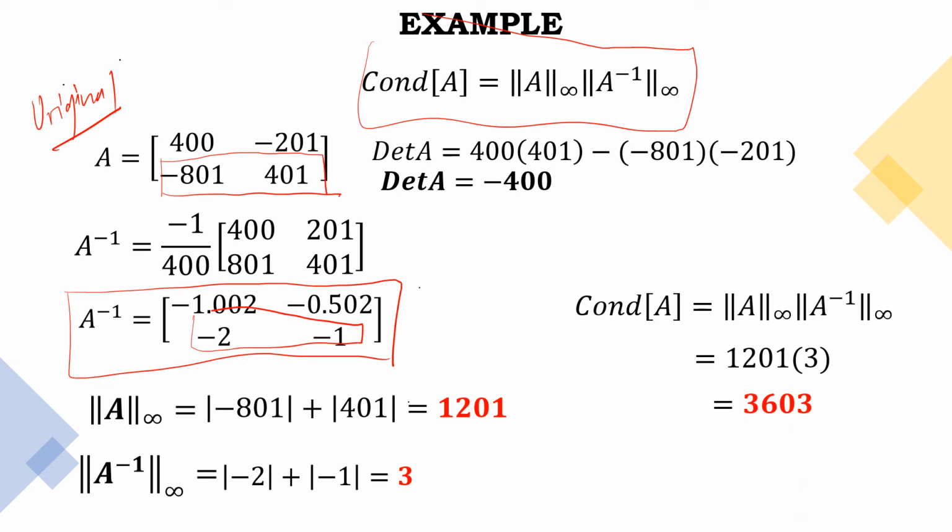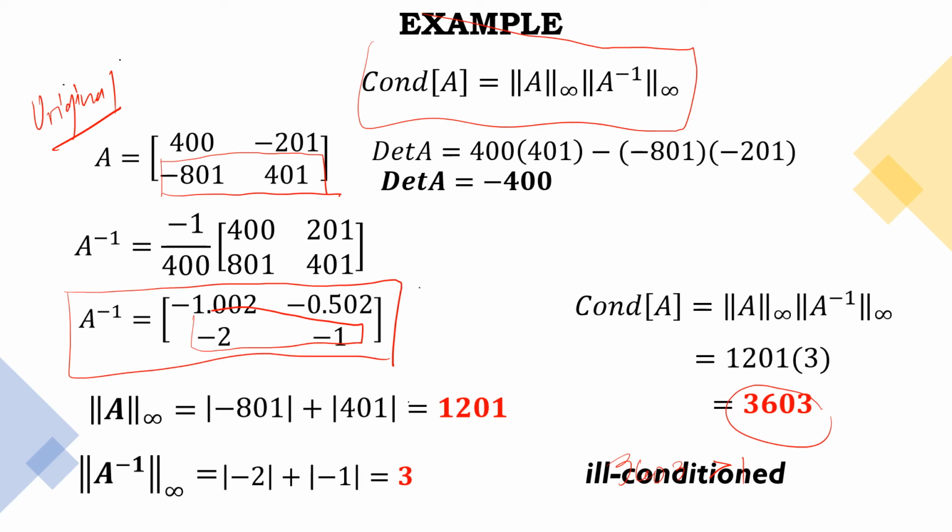And take note, 3603 is obviously greater than 1. So if it's greater than 1, this problem is considered as an ill-conditioned problem. It has a really large effect.